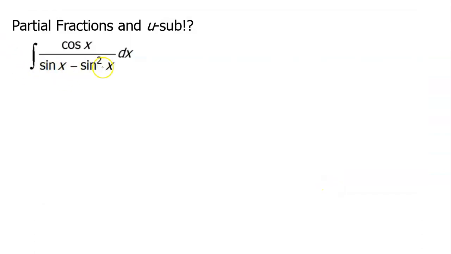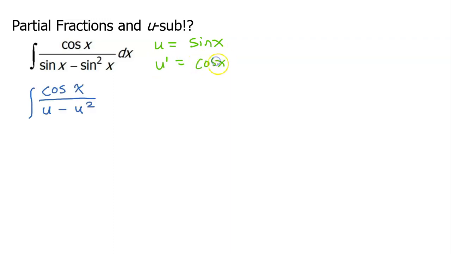When you see trig functions being added or subtracted in the integrand, you can often solve the problem by first doing u substitution and then partial fractions. So let's let u equal sine x, which means that u prime will equal cosine x. Performing the substitution, we have cosine x over u minus u squared.